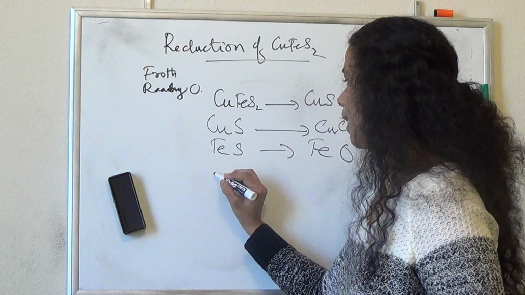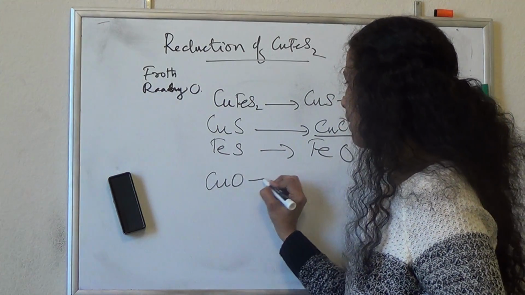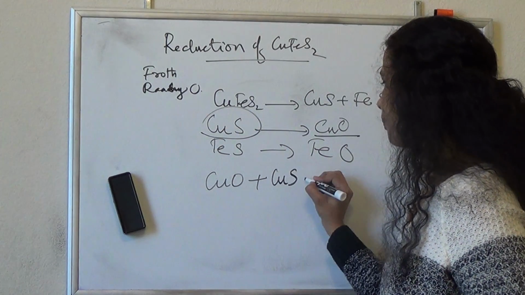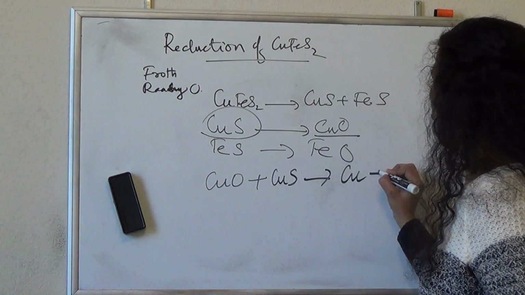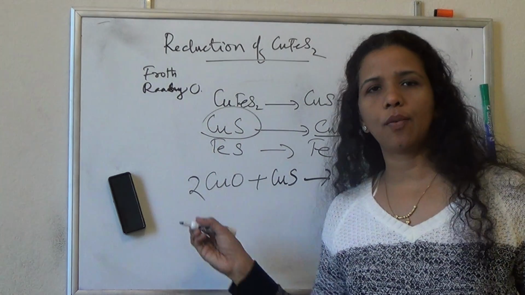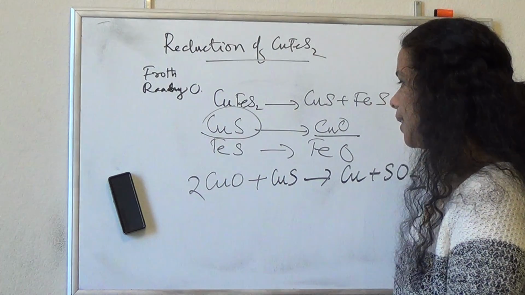the copper oxide formed will combine with the remaining copper sulfide and form copper and sulfur dioxide. Here it is self-reduction due to the high temperature.